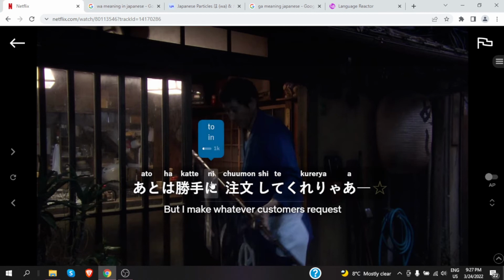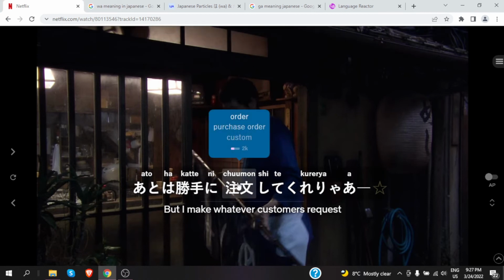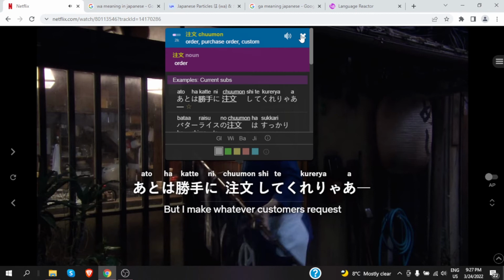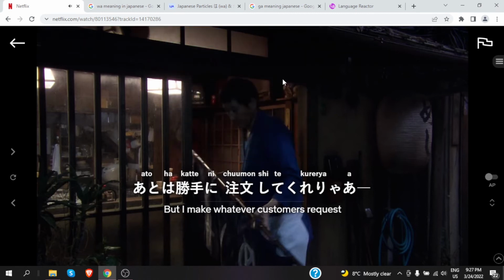Kateni chumon order. Okay, so visualize. I'm visualizing a restaurant and the waiter or waitress coming over, bringing the order, purchase order. Okay, chumon. 注文. I'm in a restaurant. Chumon.